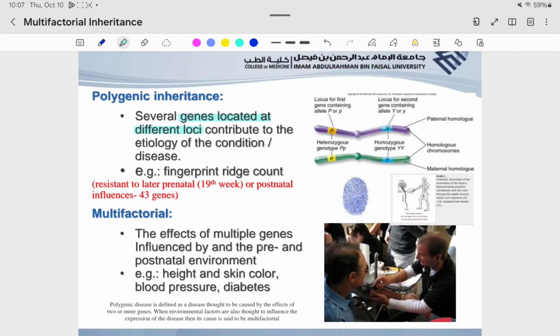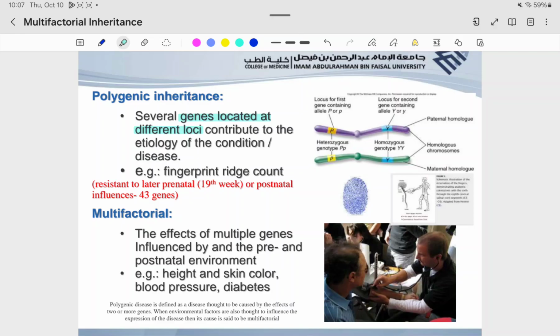Blood pressure depends on what you eat, and whether you are stressed or not. So it is environmental factors. These are known as multifactorial. A polygenic disease is defined as a disease thought to be caused by the effect of 2 or more genes. Multifactorial is the same, plus environment.